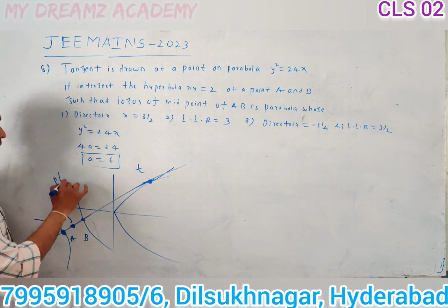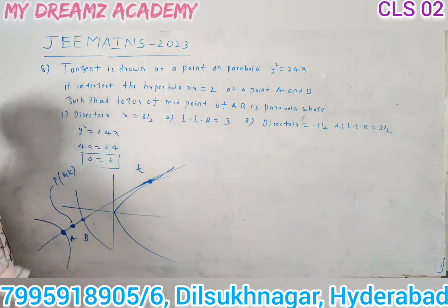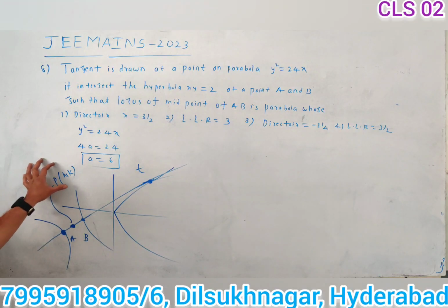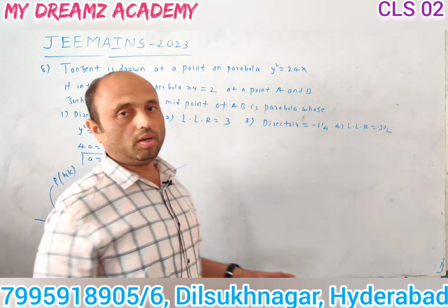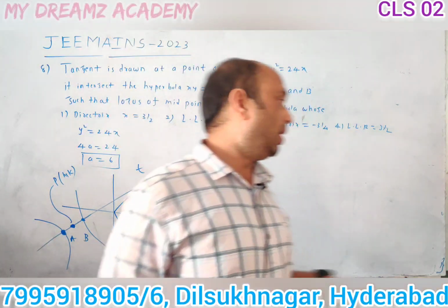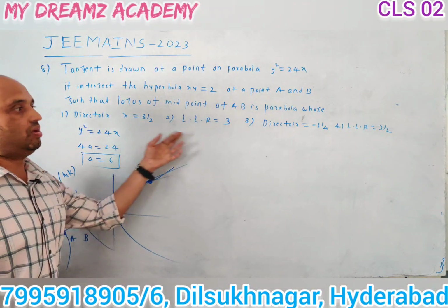This midpoint P is assumed to be h comma k. We want to find the equation of the locus of h comma k, and if it is a parabola, check which option is true for its length of latus rectum.